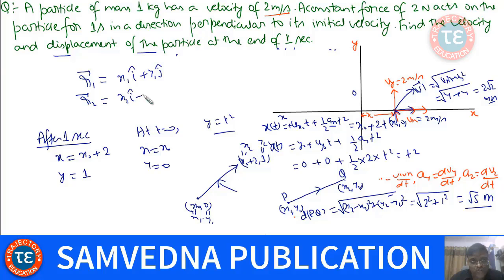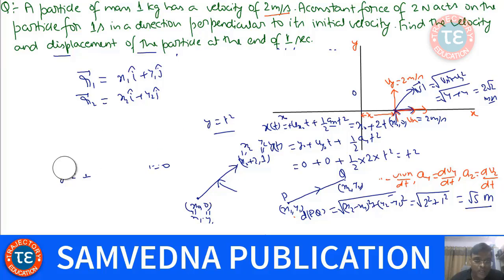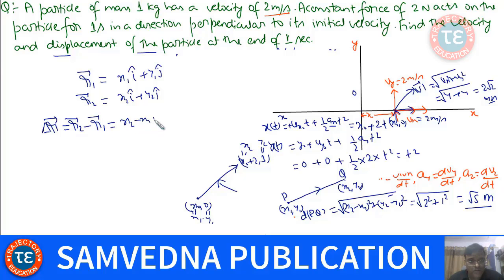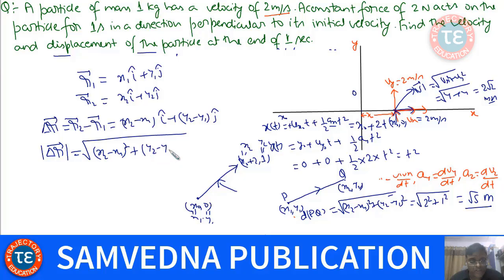The final position is given by x2 i cap plus y2 j cap, and then displacement is given by r2 minus r1 vector, which is x2 minus x1 i cap plus y2 minus y1 j cap, and the magnitude of displacement would be given by the root of the squares, and that is the distance formula also.